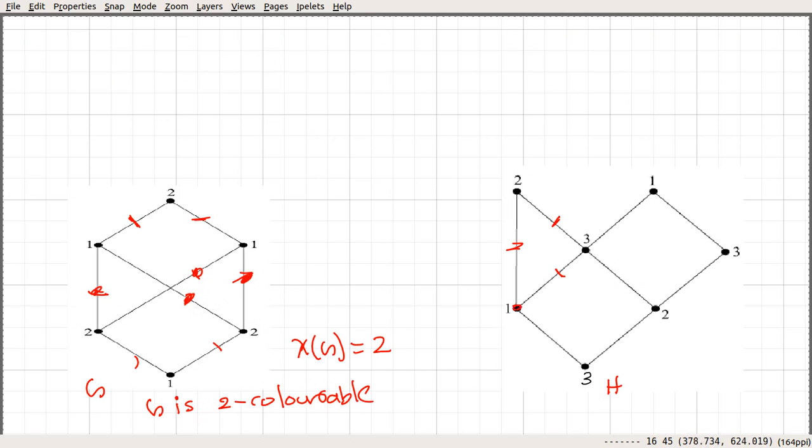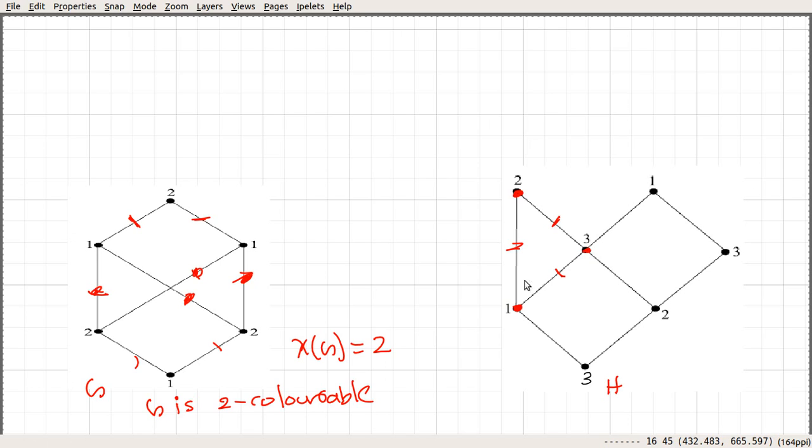For example, if you assign color 1 here, these two vertices are adjacent, so they must be given a different color. So let's take this vertex and give color 2 to it. This vertex is adjacent to these two vertices which are colored 1 and 2, so we need to use a different color, something like 3 here.